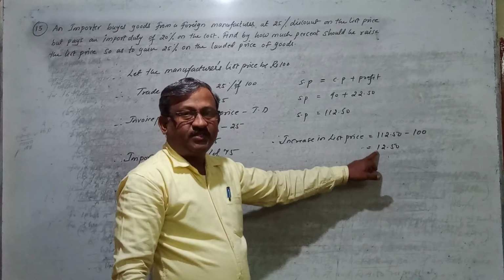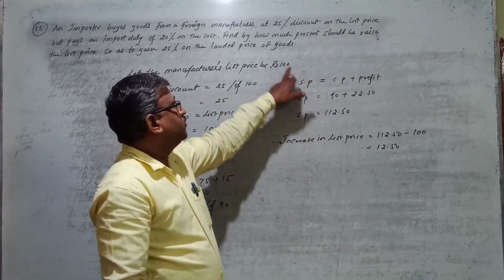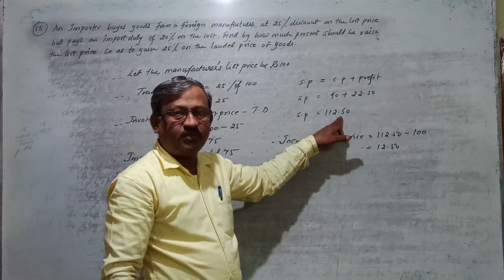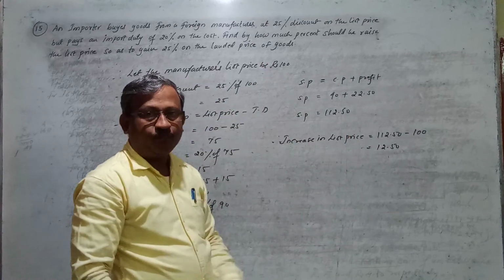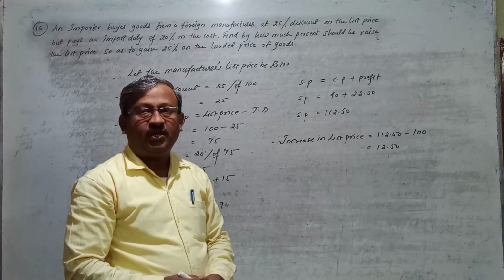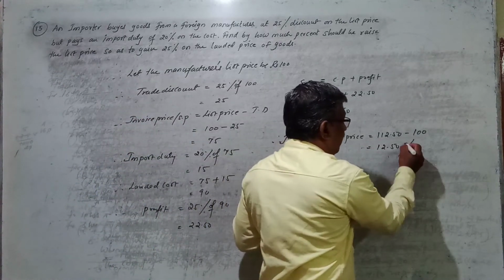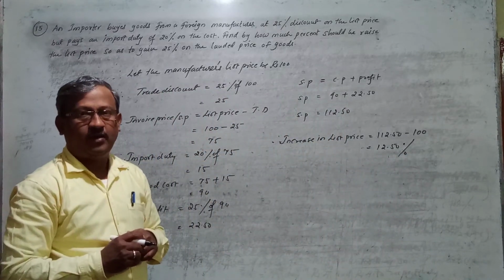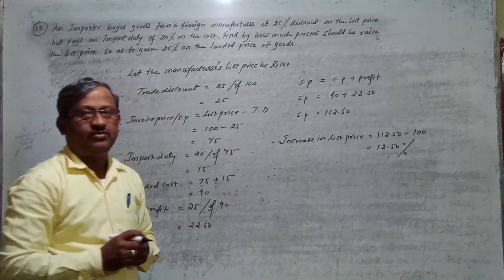Whatever increase is there, 12 rupees 50 paise, this is the increase per 100 only, because per 100 we have to increase by 12 rupees 50 paise to get 112 rupees 50 paise. Anything which is increase per 100 we call percentage. So this difference we can directly express as a percentage. So finally you can write the same as your conclusion.